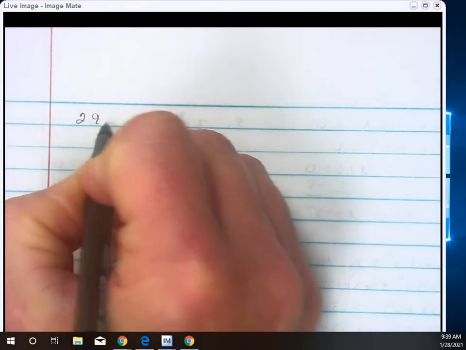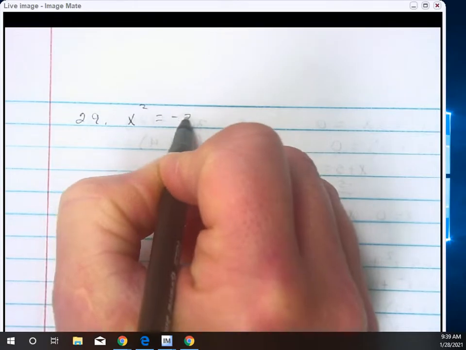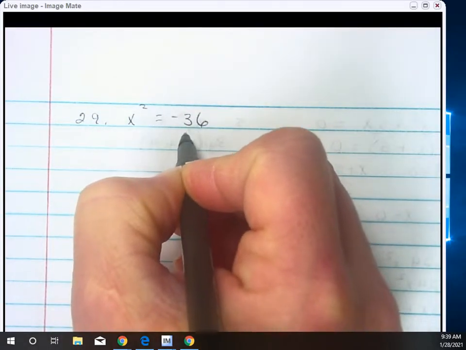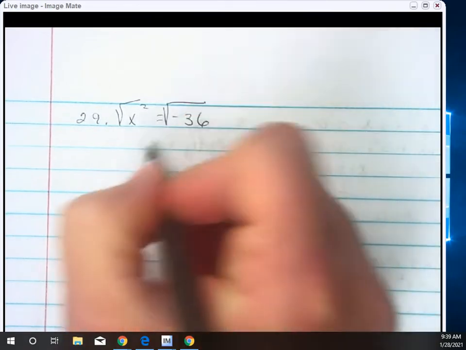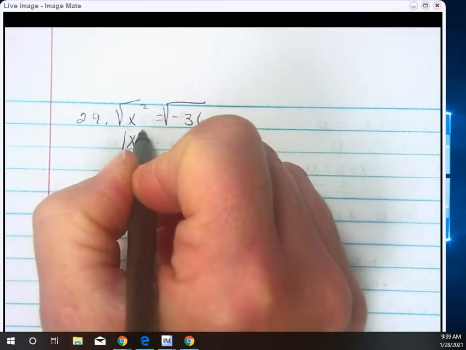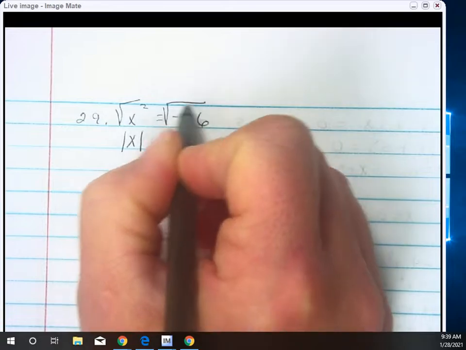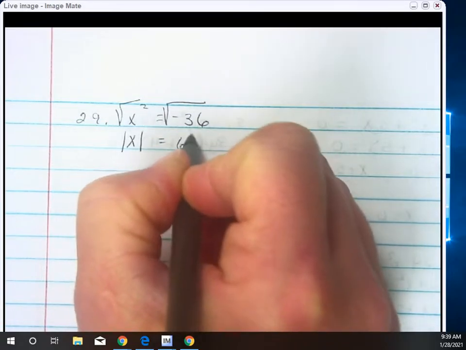Okay, we're going to start with everything that we already know, but we're adding that negative in. To undo a square, we're going to square root. Now this is the absolute value of that, so we have a 6i.